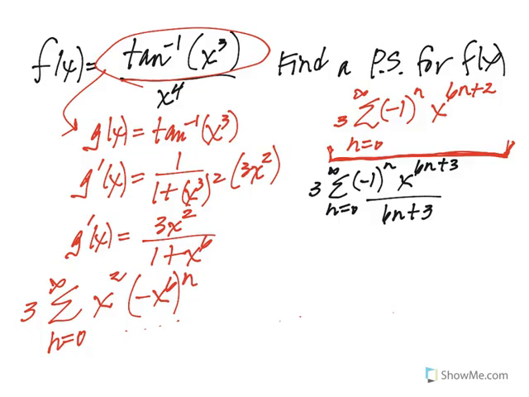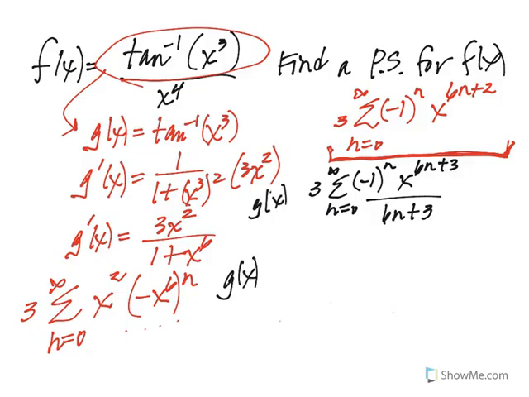If I am looking for the power series of f of x, I think you might agree that that is the same as g of x divided by x to the 4th. This is the power series for g of x. If I multiply that by 1 over x to the 4th, I've got it. So, change this notation here. All I want to do then is take this power series, which, of course, is g of x.